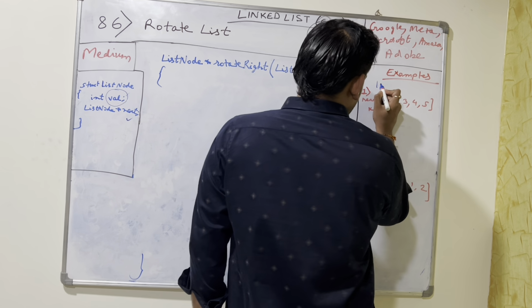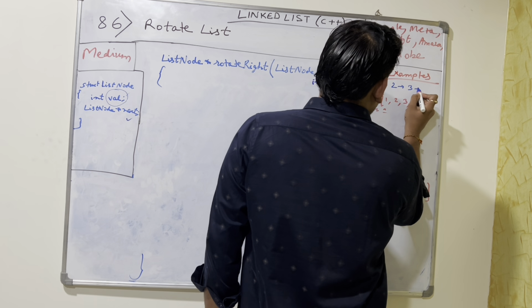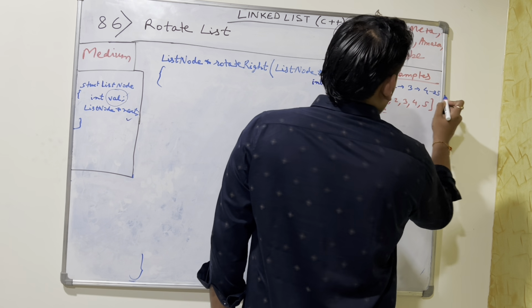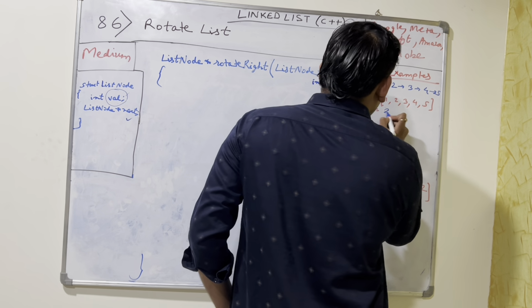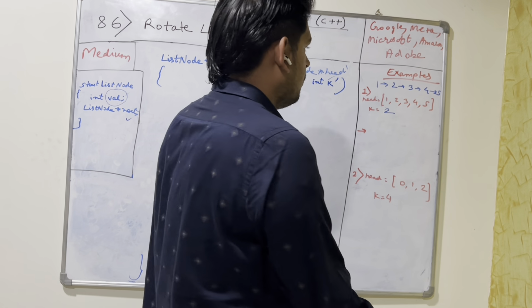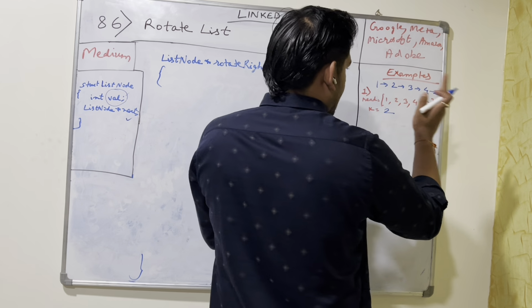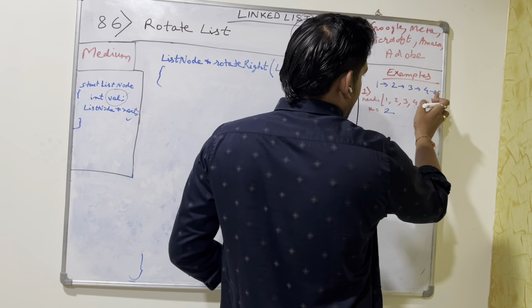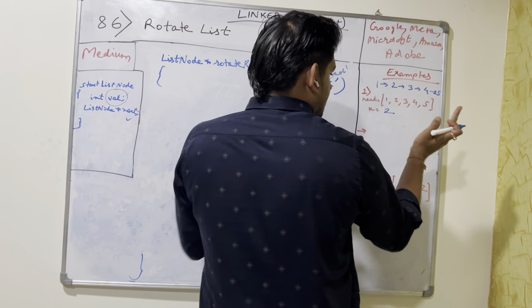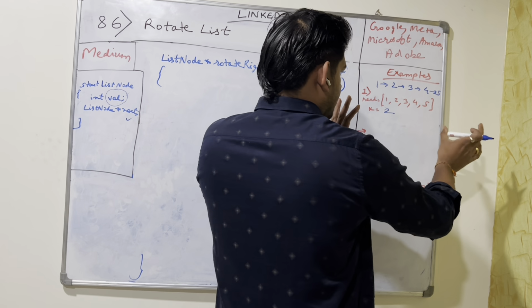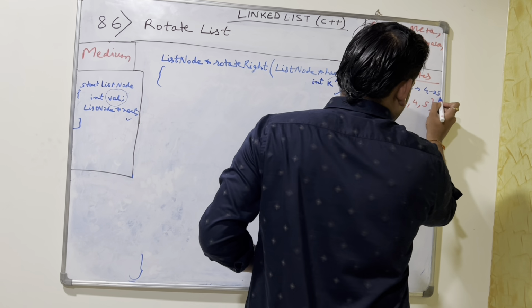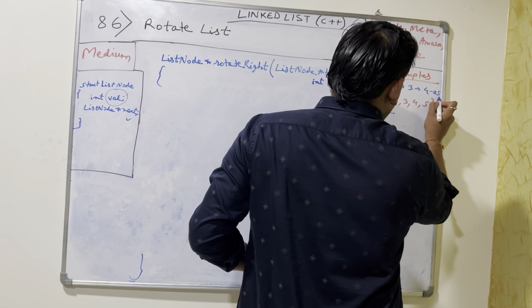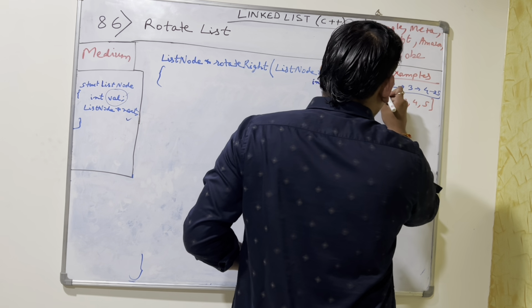Here you can see this example. This is the linked list that is given: 1 2 3 4 and 5 pointing to null, and k is equal to 2. Since we are rotating from the right, this 5 is going to come first in the first rotation. This 5, which was pointing to null, will now point to 1.